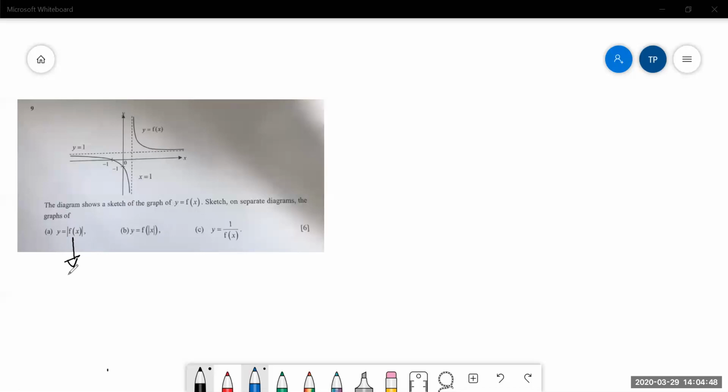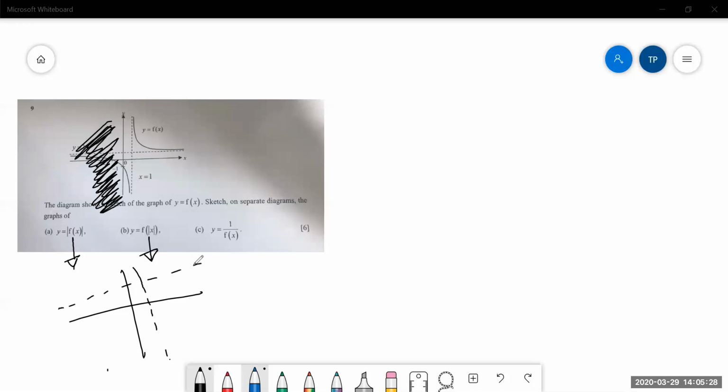You flip everything below up. For the second one, you erase everything on this side, then you copy and paste to the left hand side. It means it will still be like that.